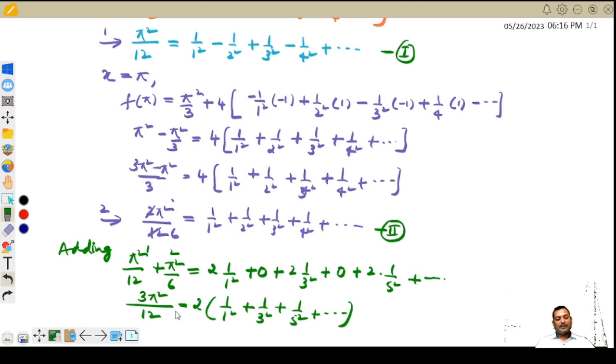So finally, 3 ones are 3, fours are, we can cross multiply 2, and we will get pi square by 8 is equal to 1 by 1 square plus 1 by 3 square plus 1 by 5 square, and so on.